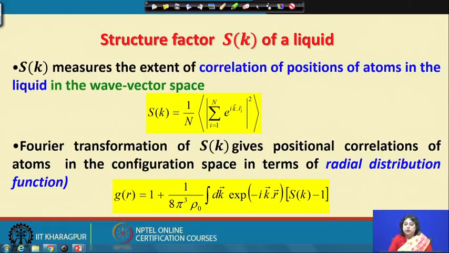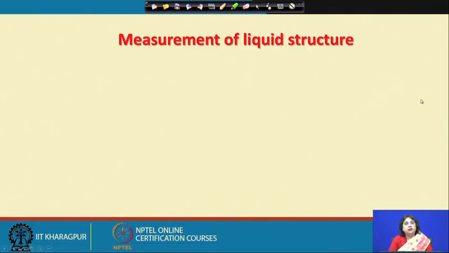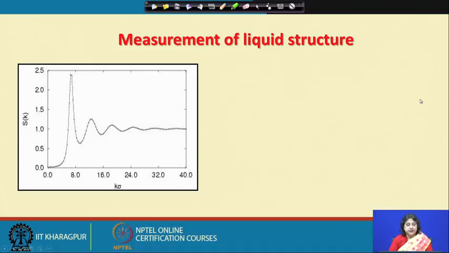And therefore, to summarize the experimental observation in the measurement of liquid structure, this is what we measure. We measure S of k as a function of k from the scattering experiments. And as you see, there are signatures of correlation in the wave vector space as given by the appearance of these peaks at different values of k in S of k.